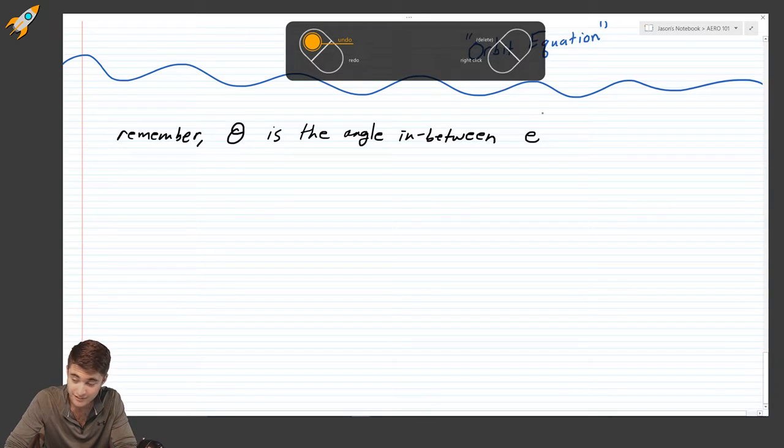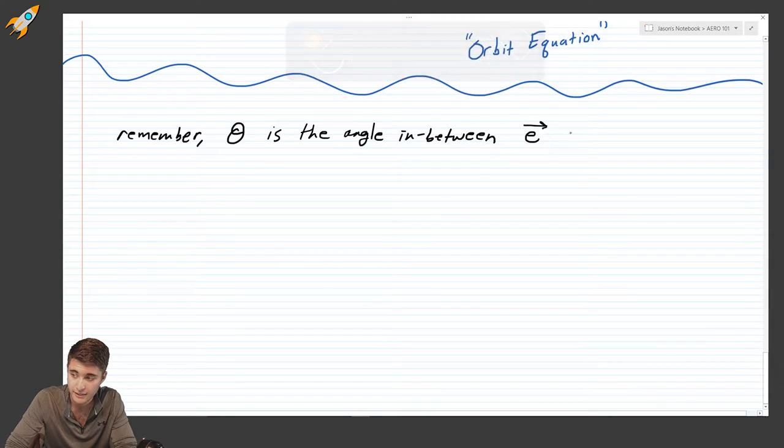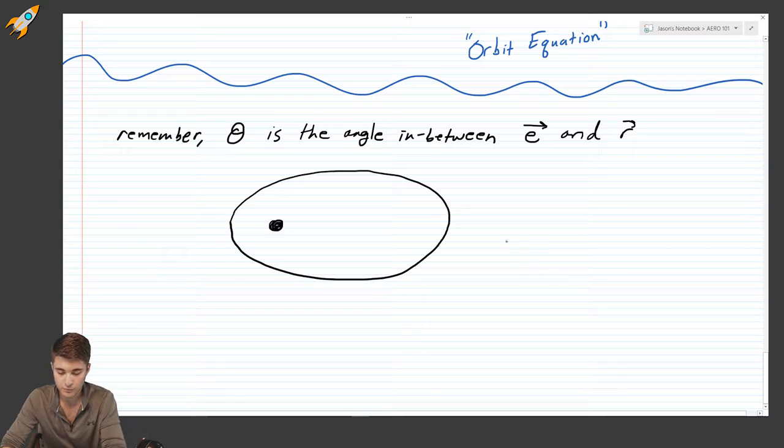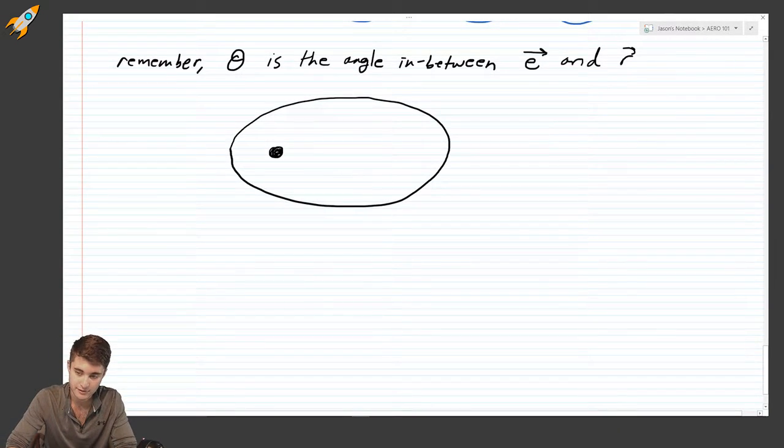We proved that the eccentricity vector is in the orbital plane, and r. Now, it just so happens that when you have an orbit, and let me draw an orbit here, let's say the orbit looks something super fancy and smooth like that. This is your planet. This right here is called the apse line. We call this the apse line.